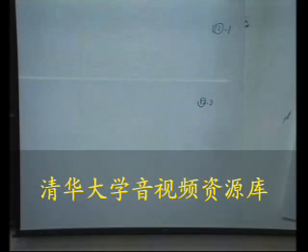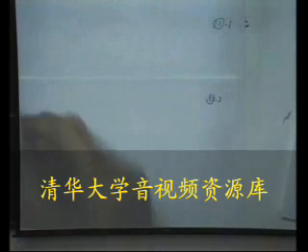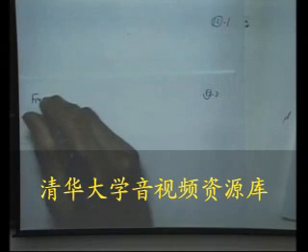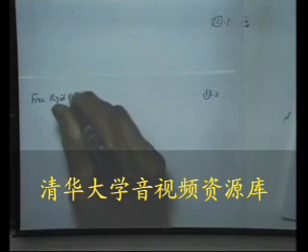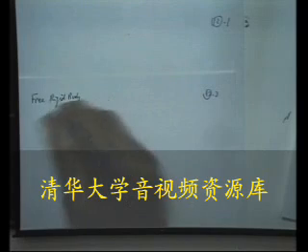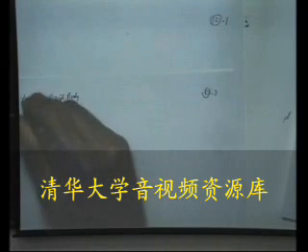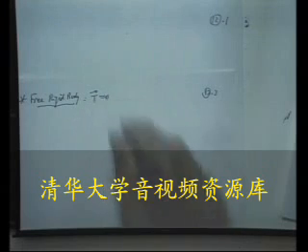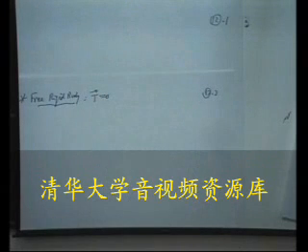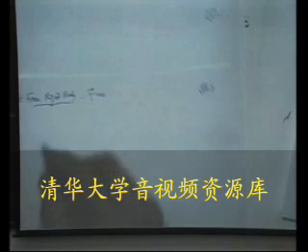Now let us take the special case of a free rigid body. That means the torque is equal to 0 if the body is free. Then we have I1 omega 1 dot.